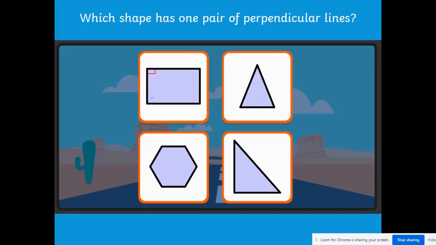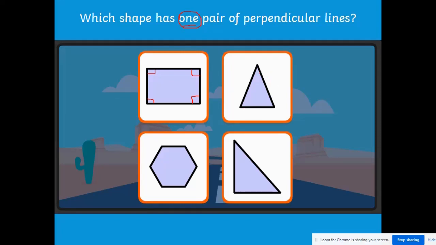We have one right angle, two, three, four. But they have asked me only one pair of perpendicular lines. Since I have four right angles, I have four pairs of perpendicular lines. So would this be my answer? Nope, because I'm looking for the one which has only one pair. Okay, so make sure you read any question carefully before answering it.